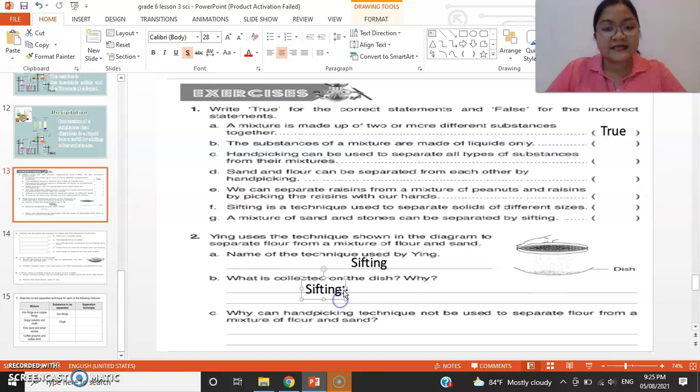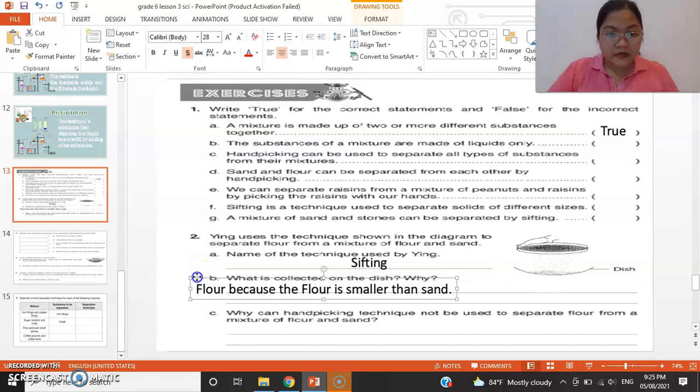Why is it that the flour is collected in the dish? Very good. Flour, because the flour is smaller than sand. Very good.